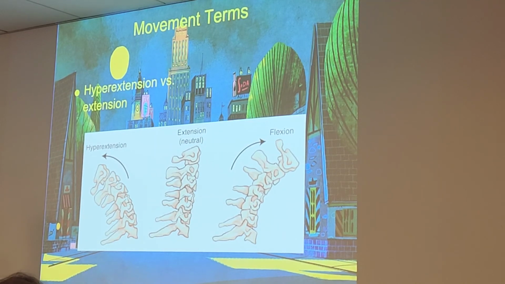Well, don't worry about the head at all. Just focus on the spine. If I bring my head backwards, my neck is also going backwards. It's a hyperextension. If I bring my head forwards, my neck also goes forward. It's a hyperflexion. So flexion means forward, extension means backwards on the spine. Easy to mix those up.